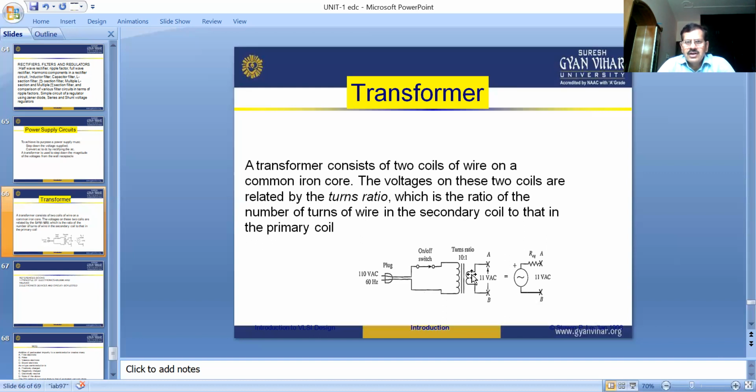So again, the forward diodes are conducting, two diodes, and the two diodes which are reverse biased are off. So the next cycle will come like this: two diodes on, two diodes off. In the next cycle again two diodes off, two diodes on, like this.